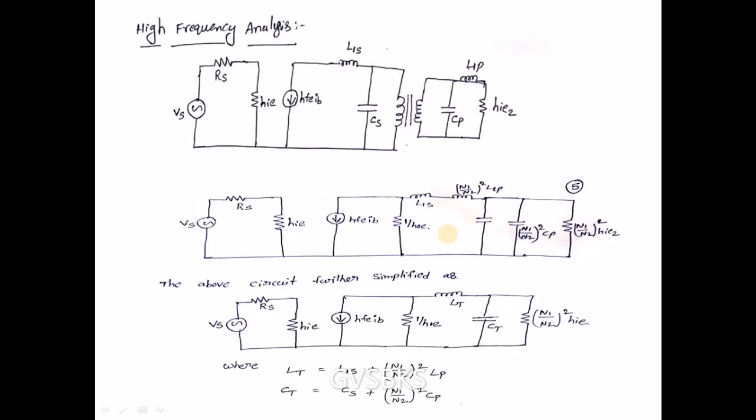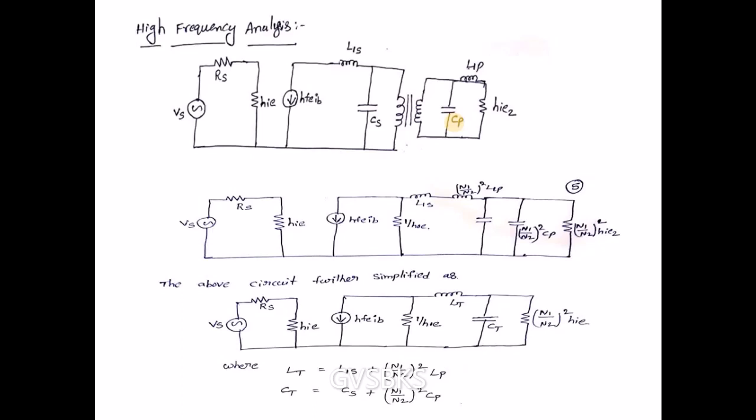If you go to the high frequency analysis, the series inductance and distribution capacitance can be considered in the primary as well as secondary. Here L1S is the leakage inductance of the secondary, and L1P is the leakage inductance due to the primary, and CS is the distribution capacitance from the secondary, and CP is the distribution capacitance from the primary.